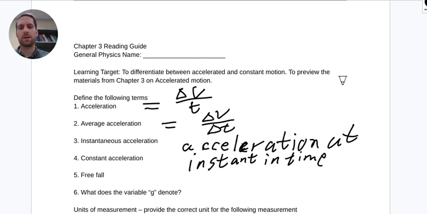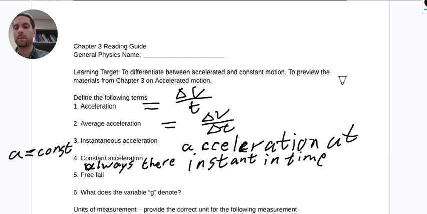It's just always there, so it doesn't stop. Always accelerating, or always there. Equals constant. Just some value.